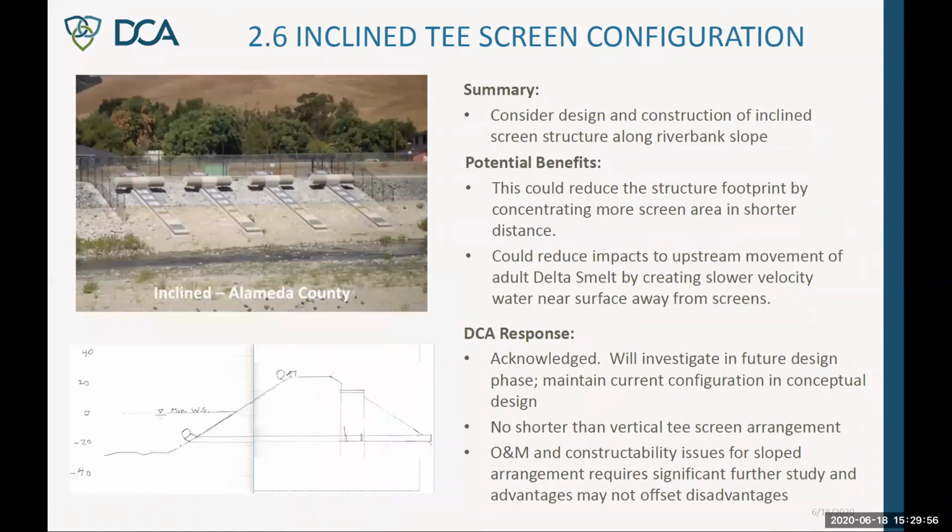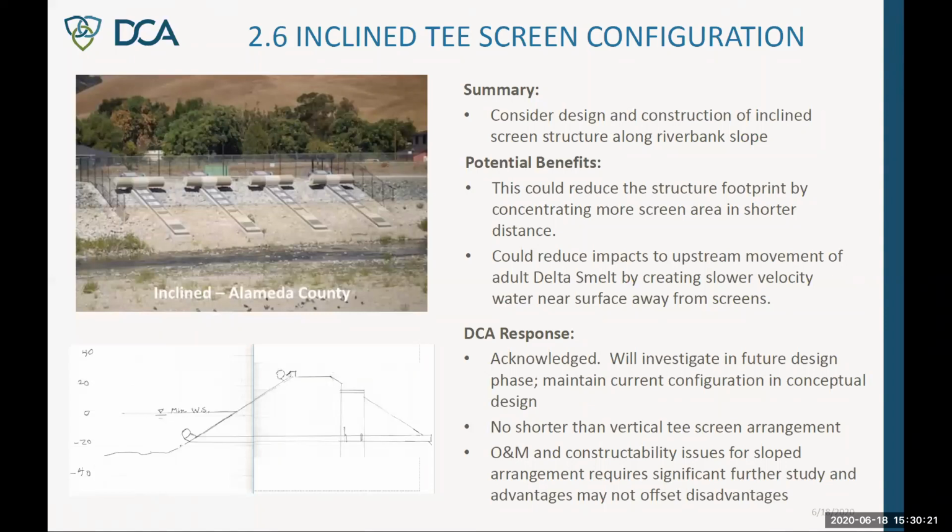So here's back to what I was talking before, is you put the screens on an incline. Now this would give you the opportunity then to have the full slope rather than a vertical wall available for fish to move around the screen. So that's kind of a biological advantage to that.